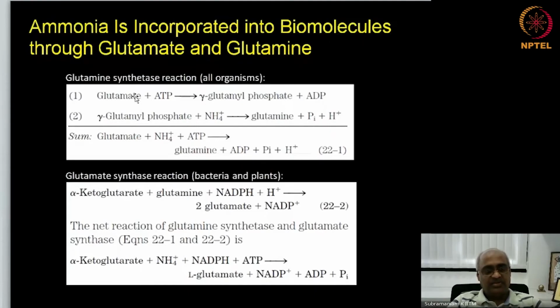So remember, this is a carboxylic acid side chain containing amino acid, CH2CH2COOH, that is its side chain, and that gets aminated to form glutamine. This is another amino acid like asparagine, glutamine, aspartic acid, glutamic acid. So that is how the nitrogen, wherever you find in your body, originally entered into the biological system.